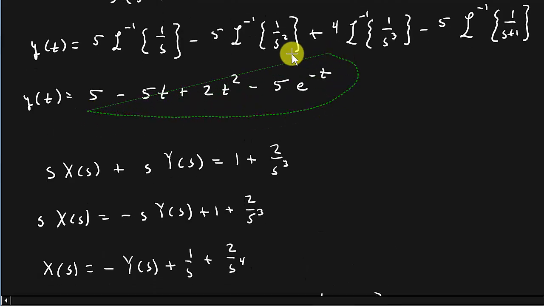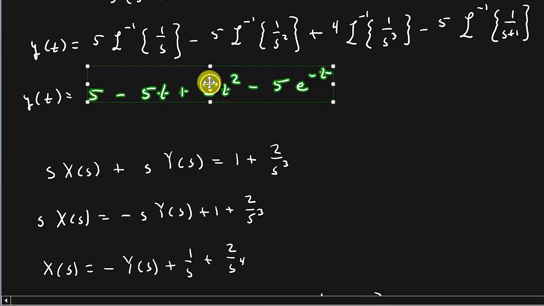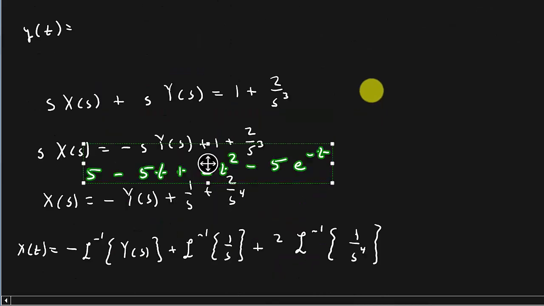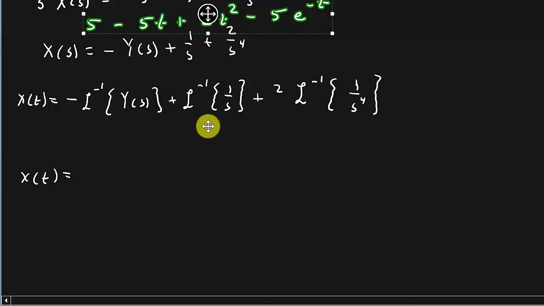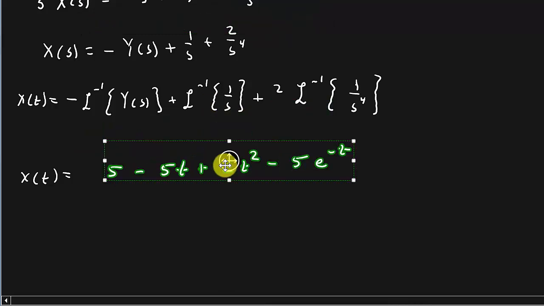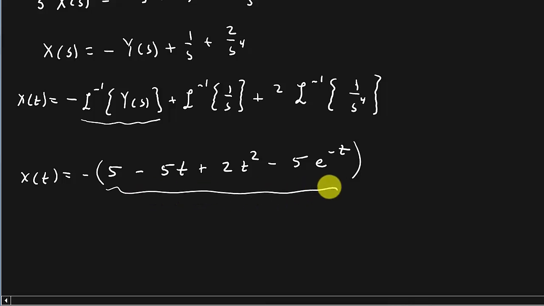This is the inverse Laplace transform of y of s, but notice it's got a negative in front of it. Negative, and then the inverse Laplace of y of s is that. And then I've got the inverse Laplace of 1 over s. Well, that's easy. That's just 1.